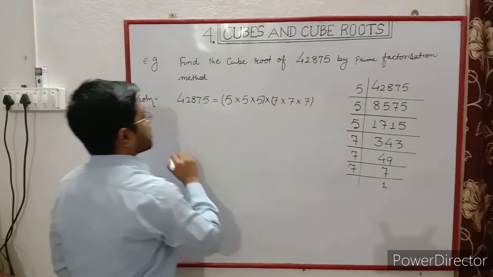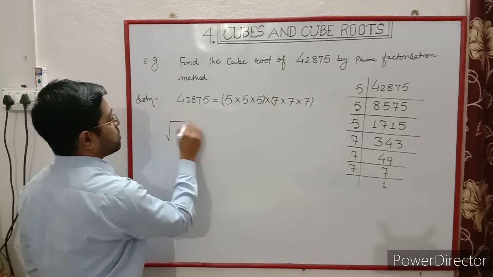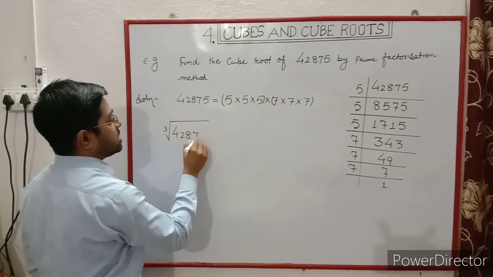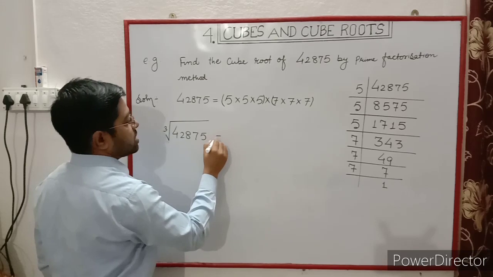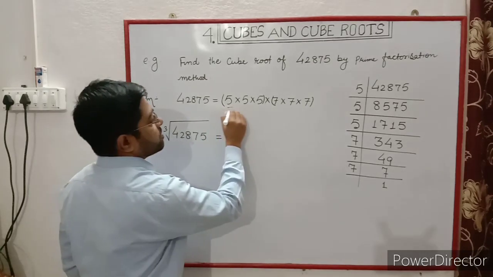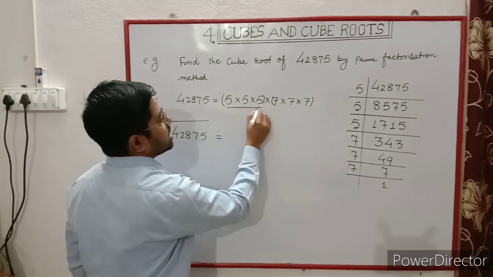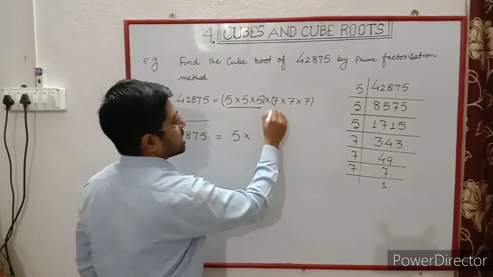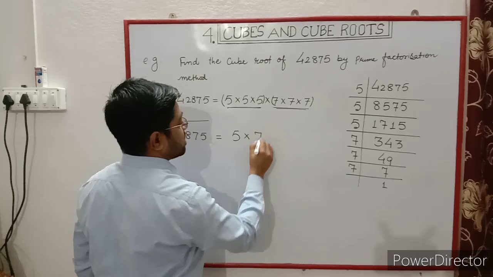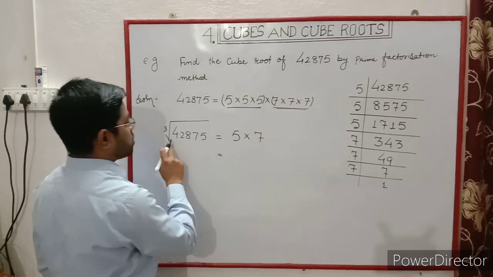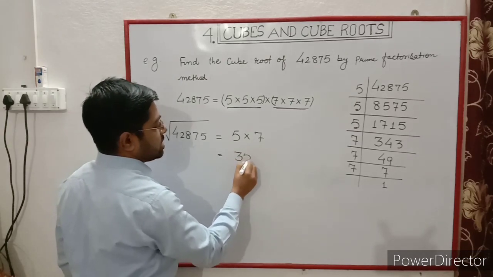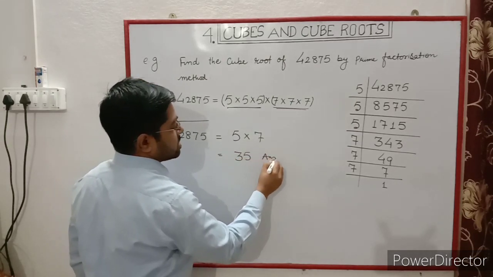Now we have to find cube root of 42,875, equal to taking one factor from each triplet. So we can write here 5 from the first triplet, from the second triplet, we can write here 7. So cube root of 42,875 is 35. That is answer.